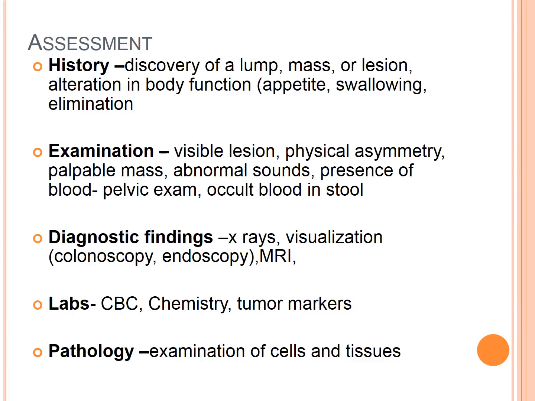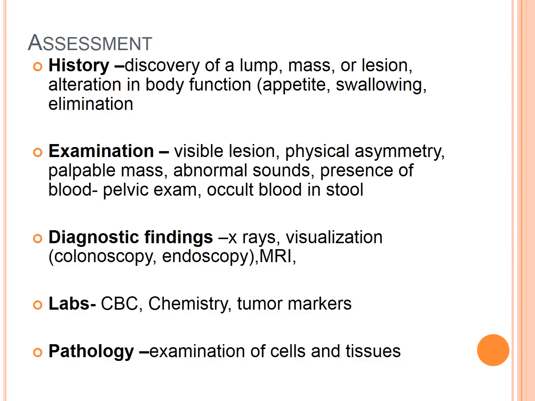Okay, other things that could possibly be done as well would be your self-breast exams for breast cancer, different skin exams, like following up with your dermatologist, and if there's an abnormal lesion, then going further for pathology. So pathology will examine the cells and the tissues.